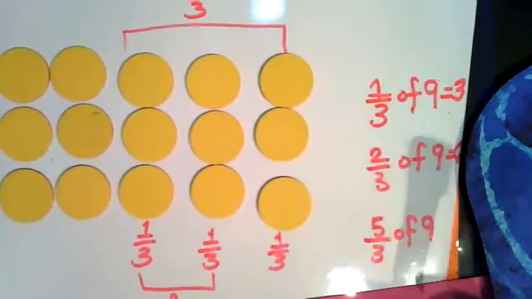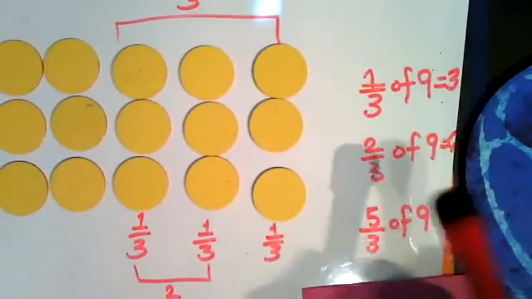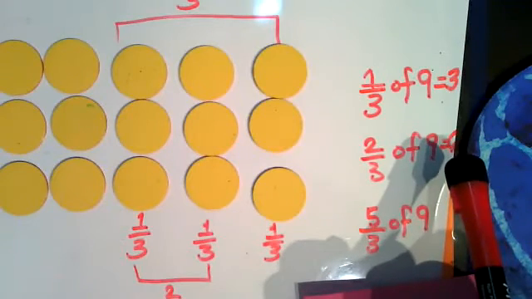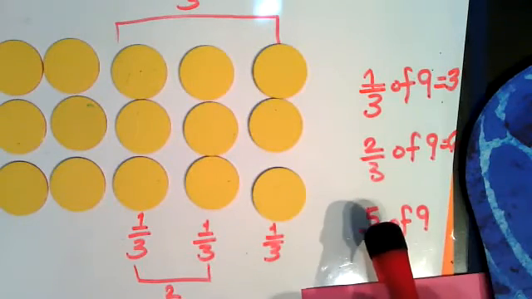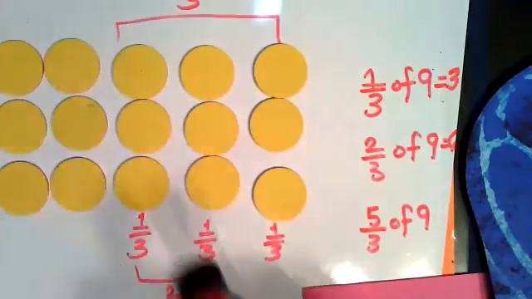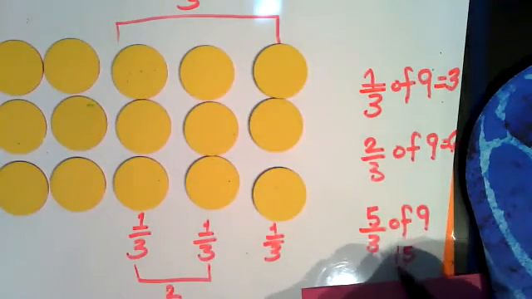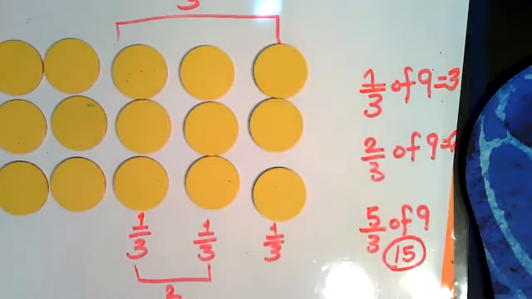Well, let's see how many that is. 3 groups of 1/3 is 3. 2 groups of 1/3 is 6. 5 groups of 1/3 will give me 3, 6, 9, 12, 15. It gives me 15.